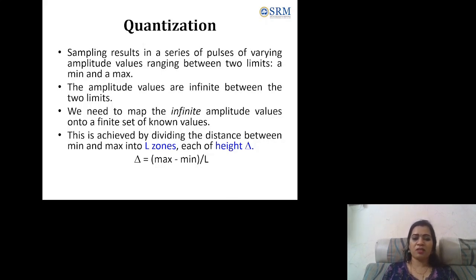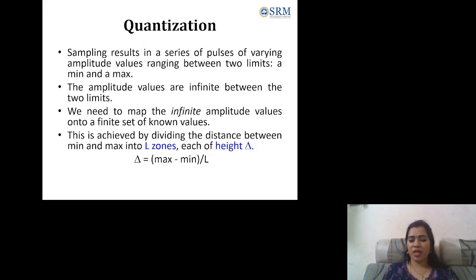We assume that the original analog signal has instantaneous amplitudes between the maximum and minimum. Then we have to divide it into L zones. This is achieved by dividing the distance between minimum and maximum by L zones, so that we represent the height as delta.